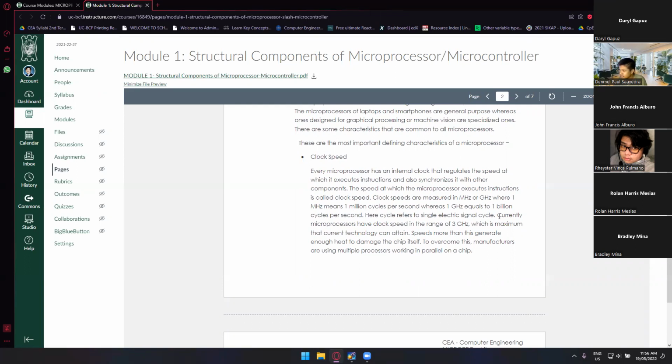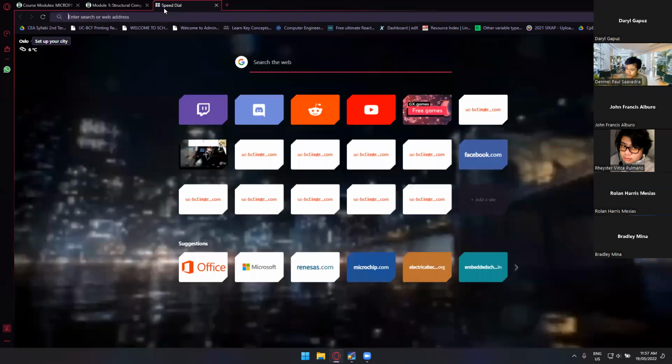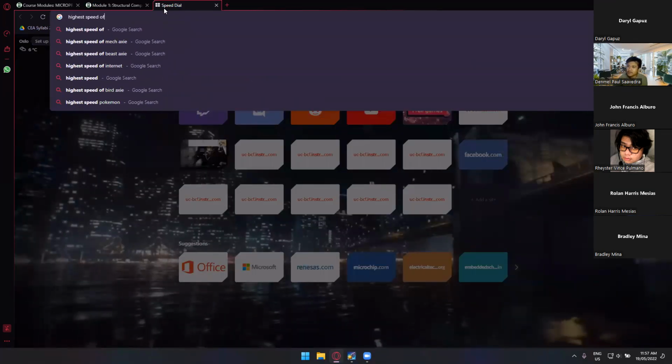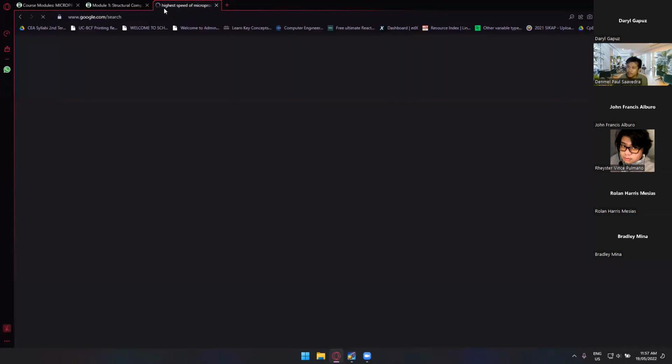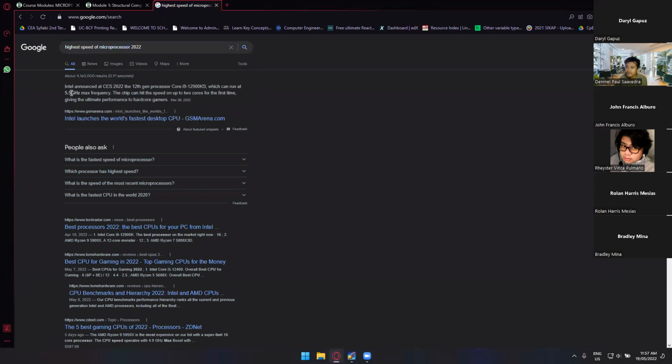Nowadays, it says here that currently microprocessors have a clock speed in the range of 3 gigahertz, meaning it can process 3 billion cycles per second. But I think this one is outdated, since the highest speed of a processor we can reach right now is 4.9 gigahertz. Actually, it's not 4.9 anymore.